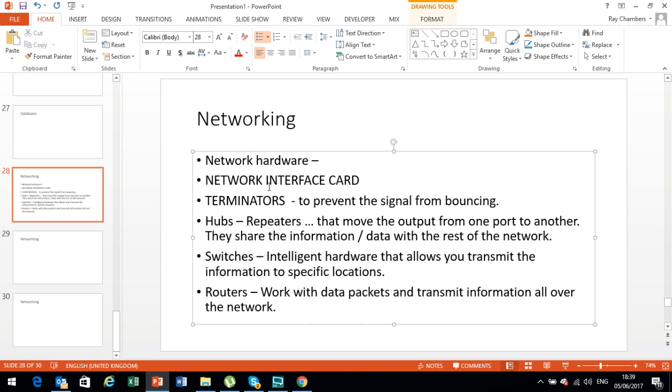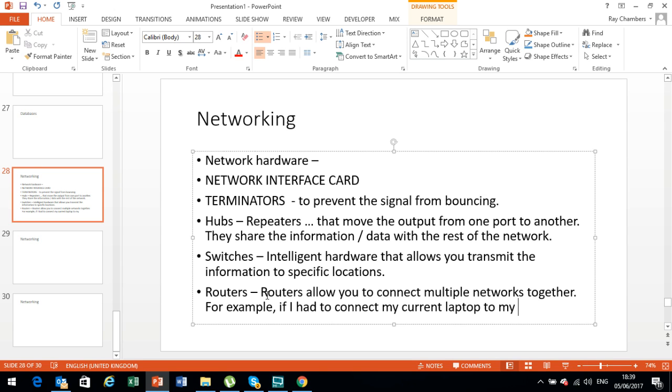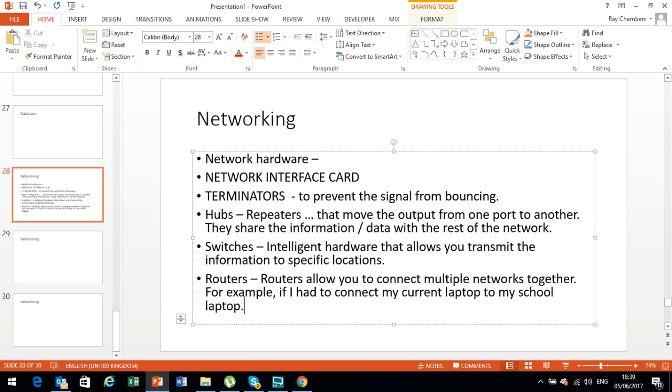Routers allow you to connect multiple networks together. For example, if I had to connect my current laptop to my school laptop, I would need a router to establish that connection.